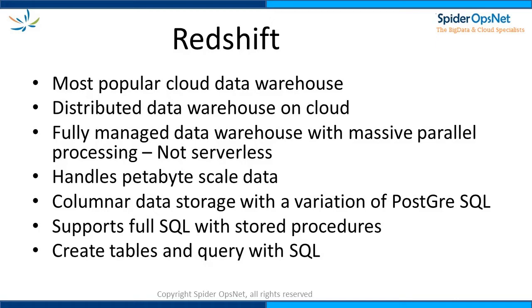It is one of the popular options for migrating an in-house relational database quickly to cloud. It can handle petabyte scale of data and is a relational database that supports PostgreSQL. It is a columnar database, so it has the advantage of columnar processing with the additional benefit of supporting relational SQL. It supports stored procedures as well, so you can easily migrate your procedure statements in Oracle or SQL Server to Redshift.